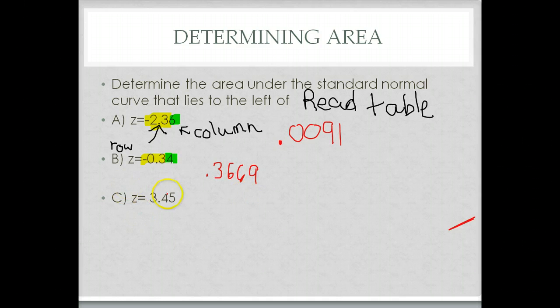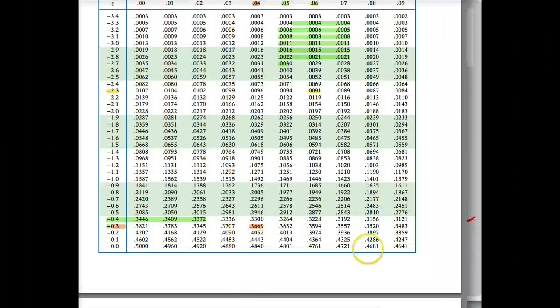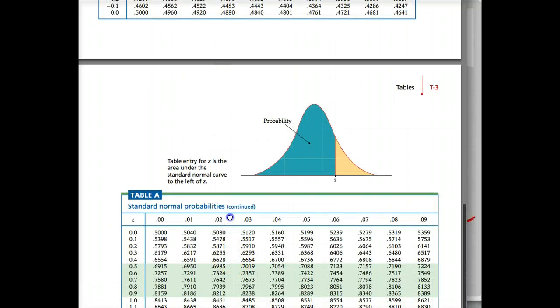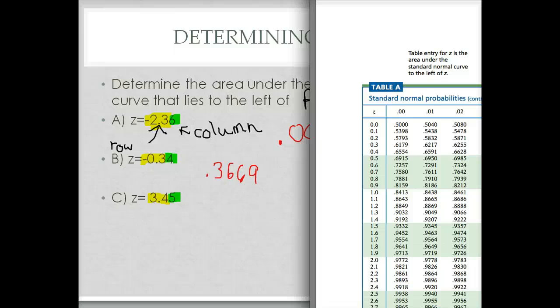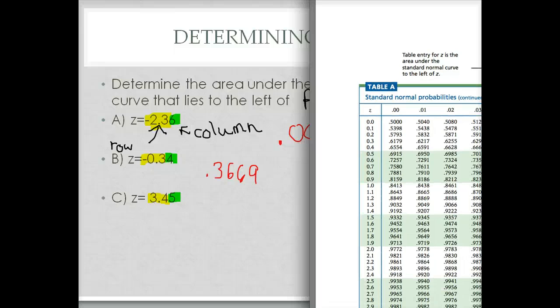And we'll last try z equals 3.45, remembering the first two digits tell me the row, the 3.4 row, and then I want the 5 column. I do have to scroll down all the way to the positive numbers. I've got to make my table smaller.